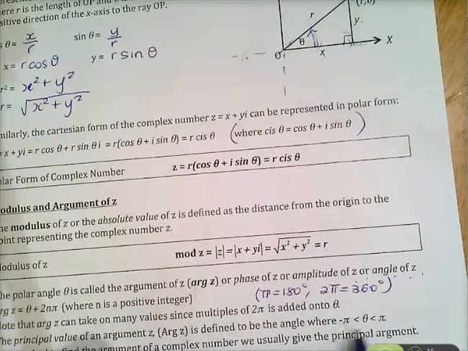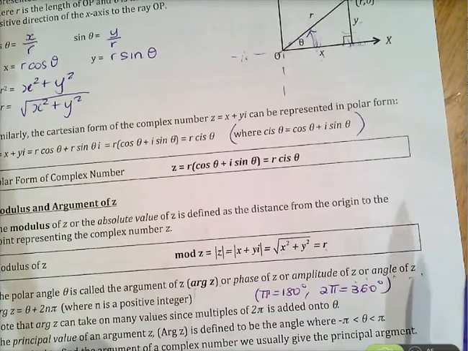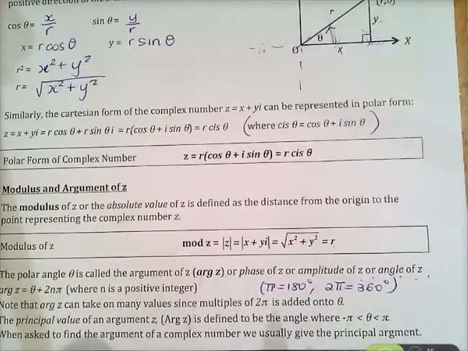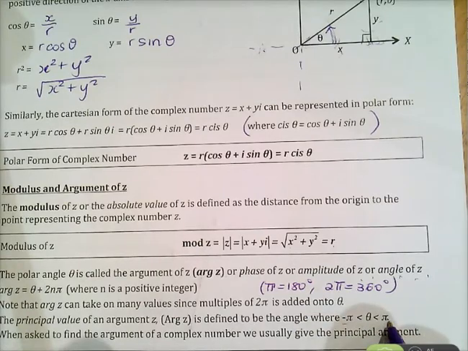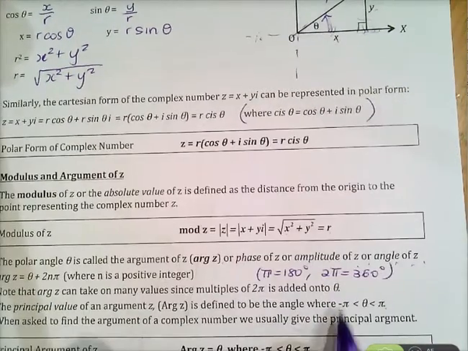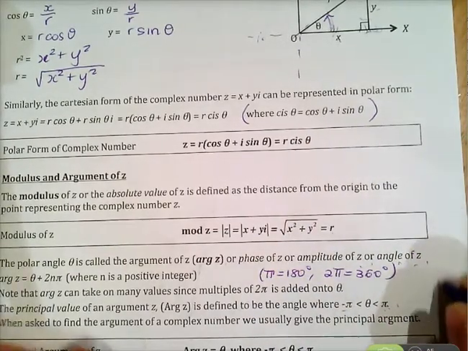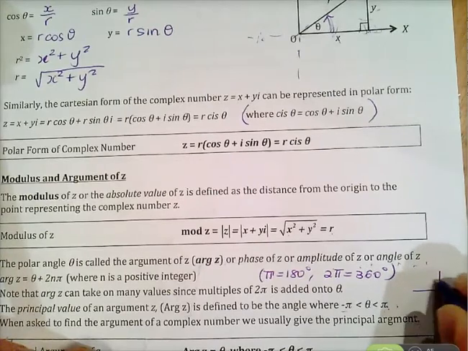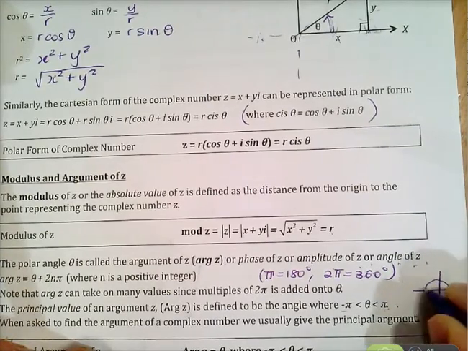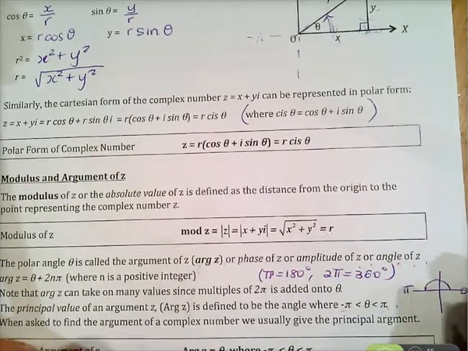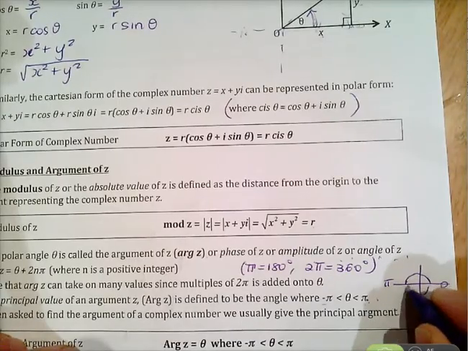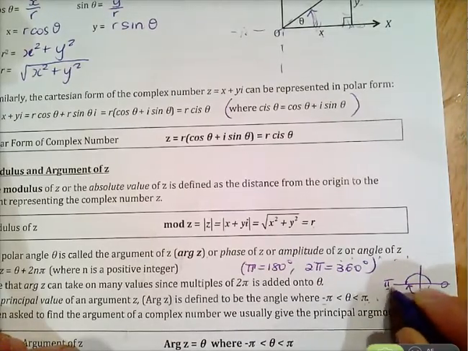So therefore, the principal argument of z is defined to be the angle where theta lies between negative 180 and positive 180, or negative pi and positive pi. That still is a complete revolution of 360, but we're going from 0 to pi, or we're going from 0 to negative pi.